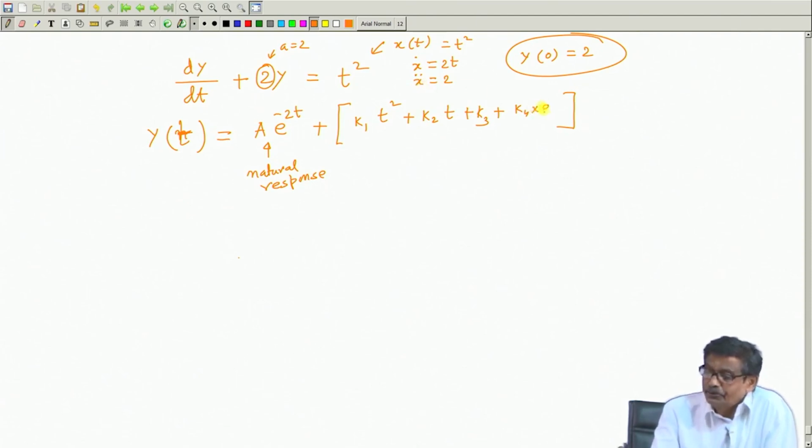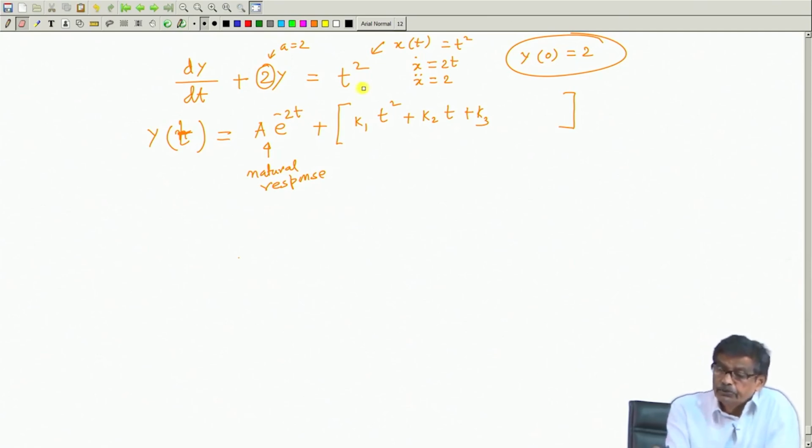Oh, that is 0, then k5 into 0. So, although it looked a formidable task, in general whatever functions are present on the right hand side, the derivatives vanish eventually. So, all the terms I have taken into account, only these two terms are present. Got the point? That is the total solution.